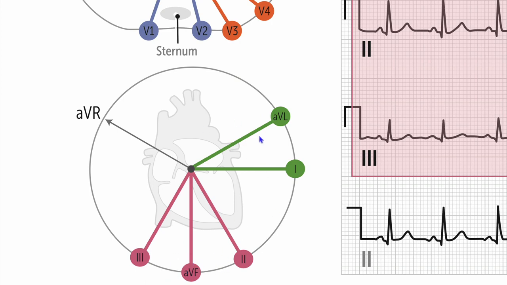So between aVR and aVF, if you pull out your right arm, that's your aVR, and then your foot, and between that is going to be lead III. If you pull out your left hand, between that and your foot is going to be lead I near the arm and lead II near the foot. So that's how that is.